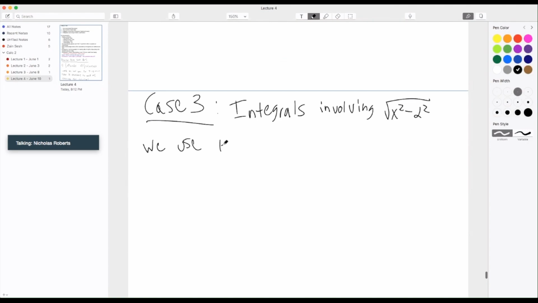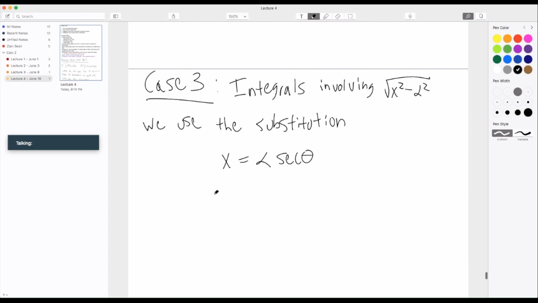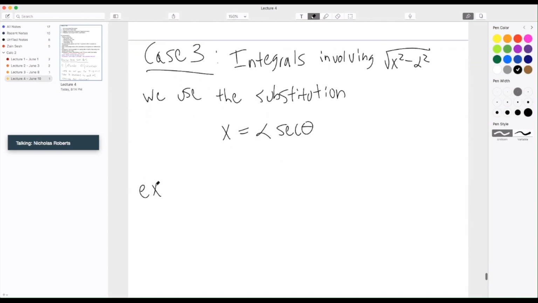We use the substitution x equals alpha secant theta. The reason for doing that is that after you algebraically change this radical, it will resemble secant squared theta minus 1. That's kind of the intuition. Very good. So let's just jump into an example.